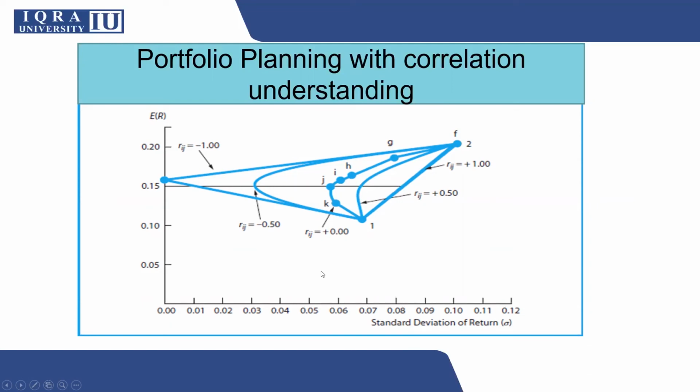If you find certain stocks showing a negative correlation of 0.5, then you can see that you can reduce the standard deviation from this limit to over here at 0.03. And you can also see that now your return is on a much higher side. So this presentation is simply showing that if you successfully get less correlation or even a negative correlation, you will be able to reduce your risk and you can increase the return too.